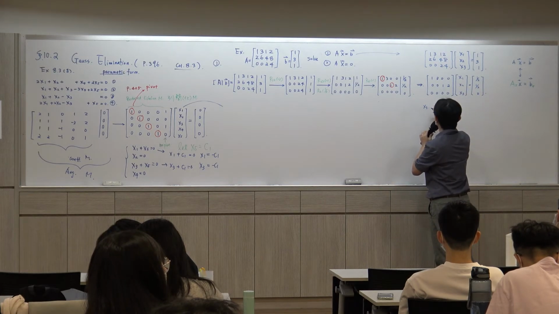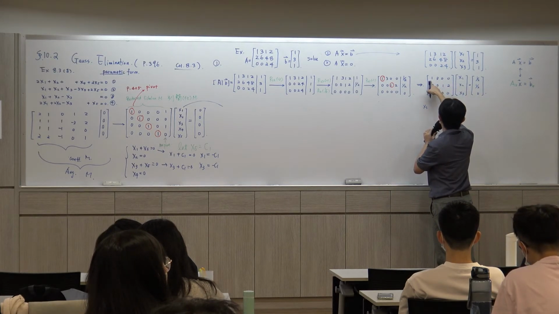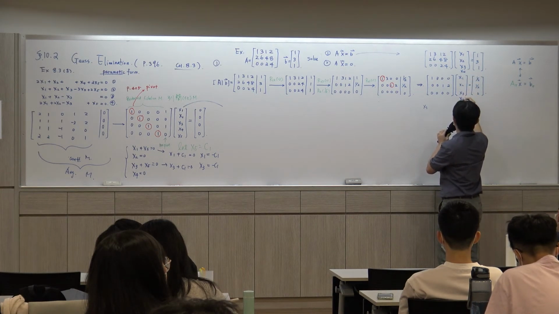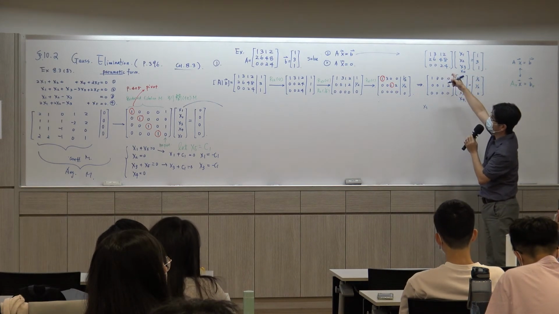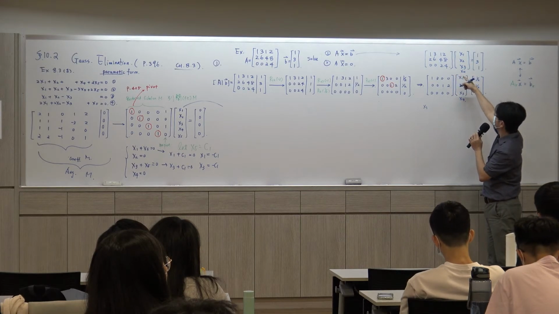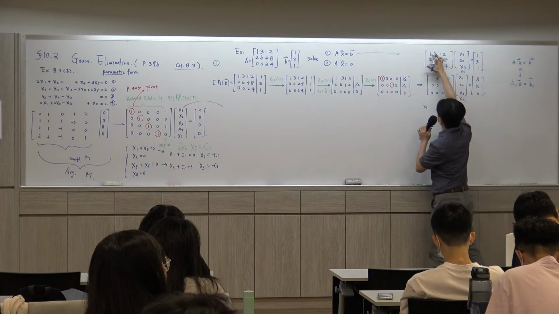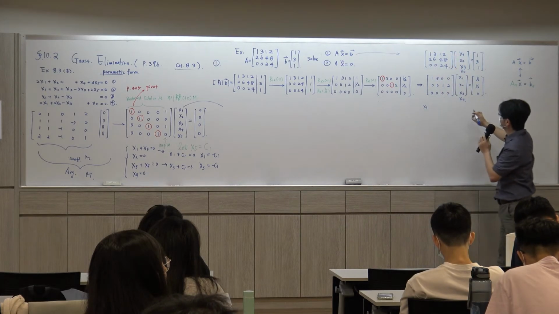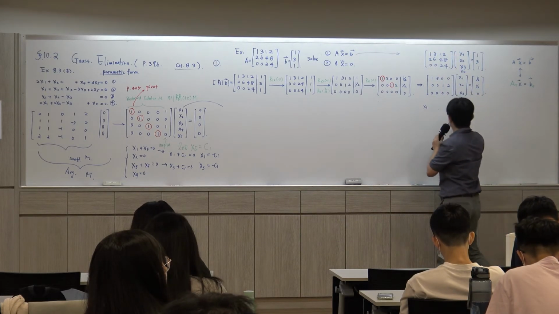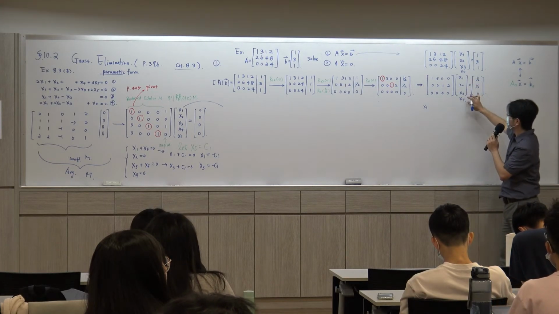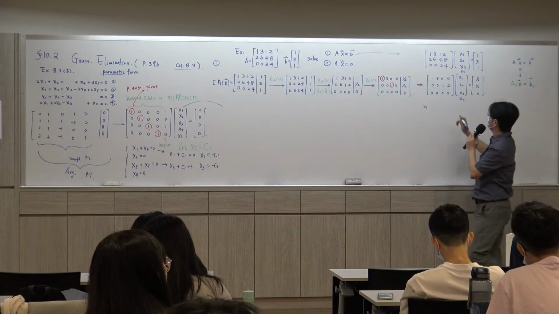So S1, it should be 4 because we have 4 columns, so there should be 4 elements in the column.